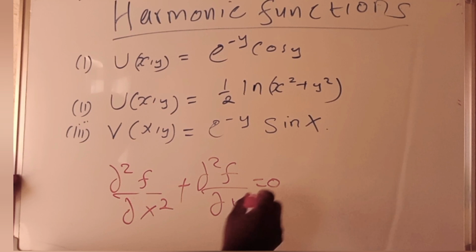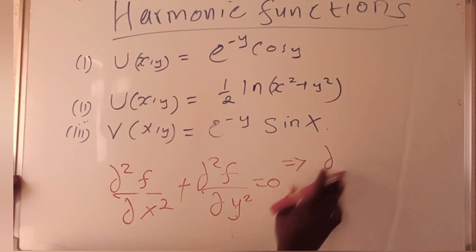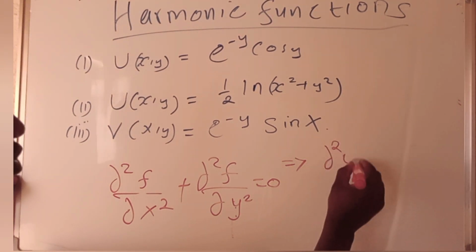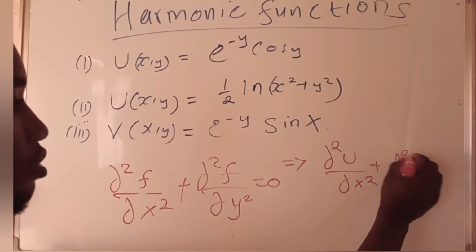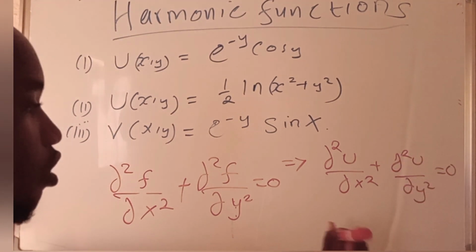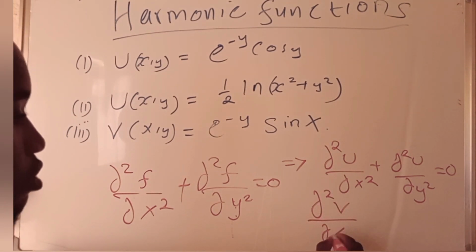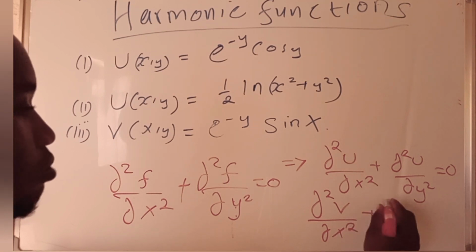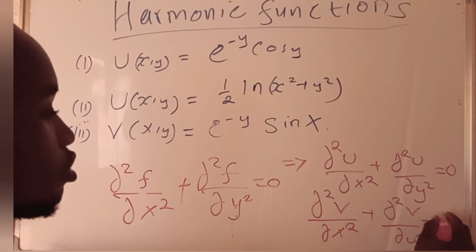And these Laplace equations can be written in Cauchy form, and it will be the partial second derivative of u with respect to x plus the partial second derivative of u with respect to y is equal to 0, or the partial second derivative of v with respect to x plus the partial second derivative of v with respect to y is equal to 0.